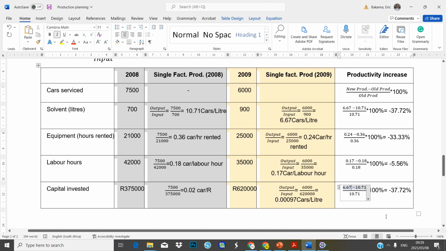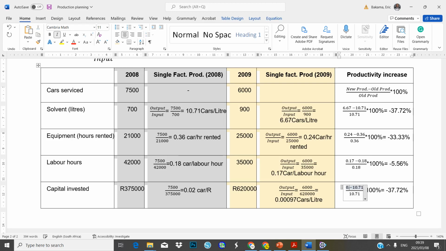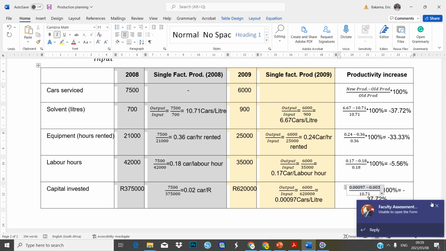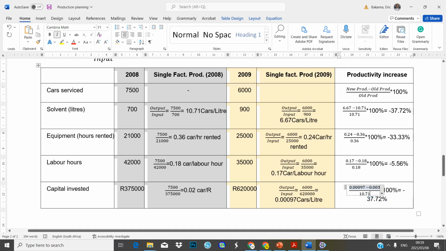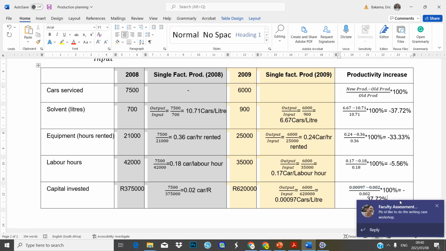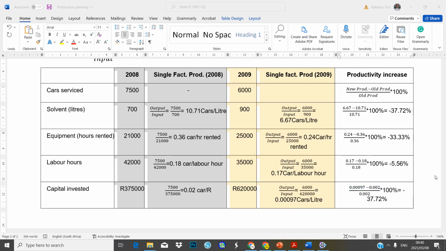So if we look at this other part, we take 0.00097 minus this other one, which is 0.002, divide by 0.002, and multiply by 100.